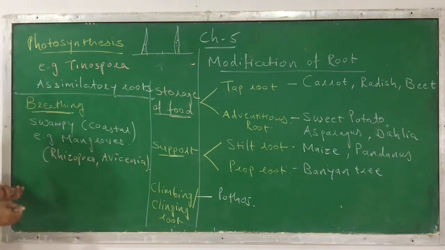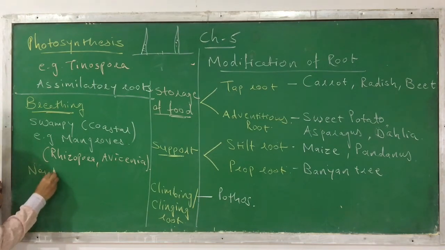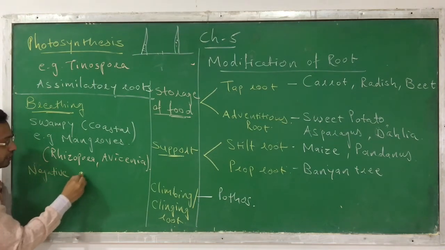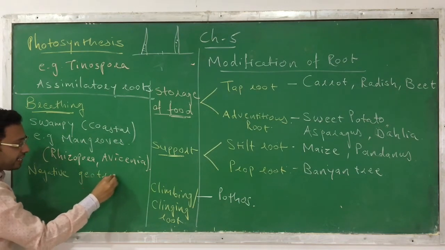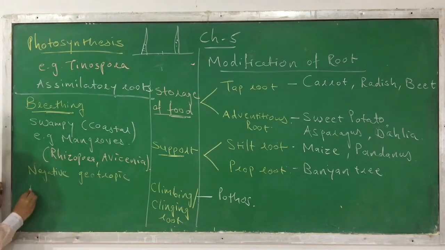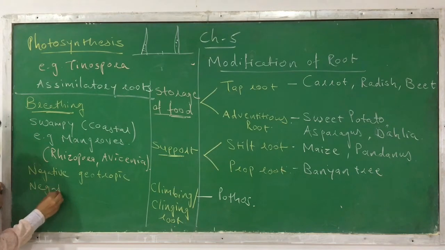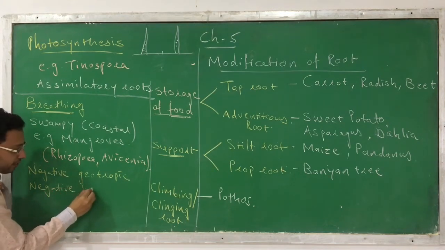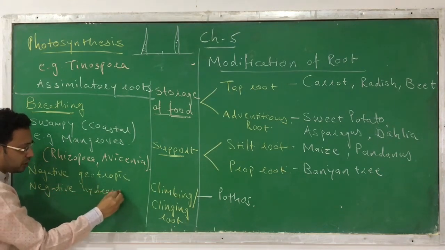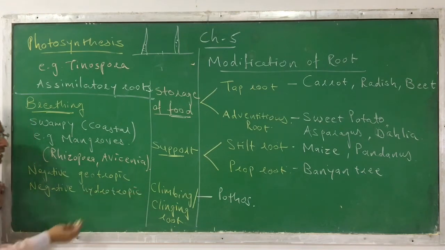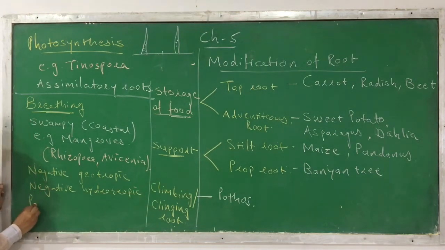Here you can find negative geotropic roots, because the root develops in the direction opposite to the soil. Negative hydrotropic: water is present in the soil, but here it develops in the opposite direction, and it develops in the direction of sunlight.